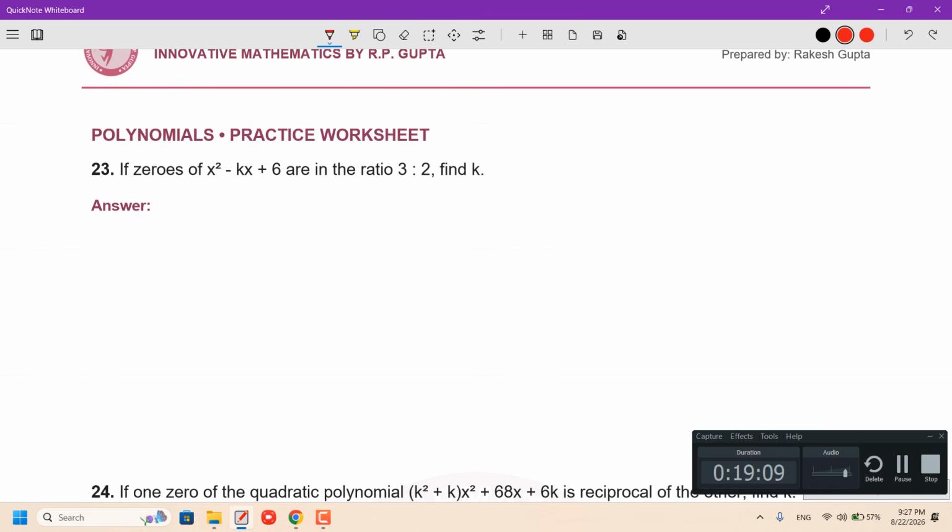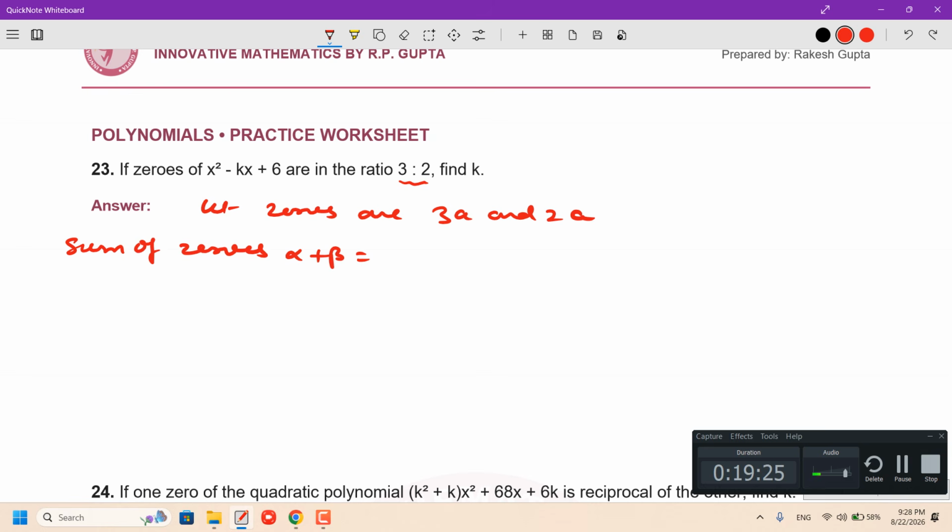Okay, if the zeros are, so let the zeros be 3a and 2a. So sum of zeros, alpha plus beta, is equal to 5a, and product of zeros, alpha into beta, equals 3 2s are 6a square.